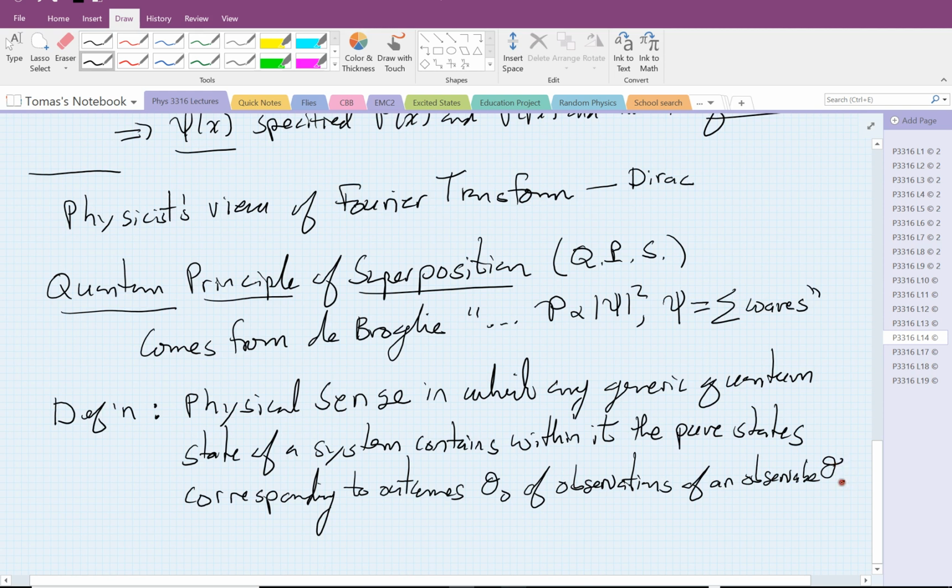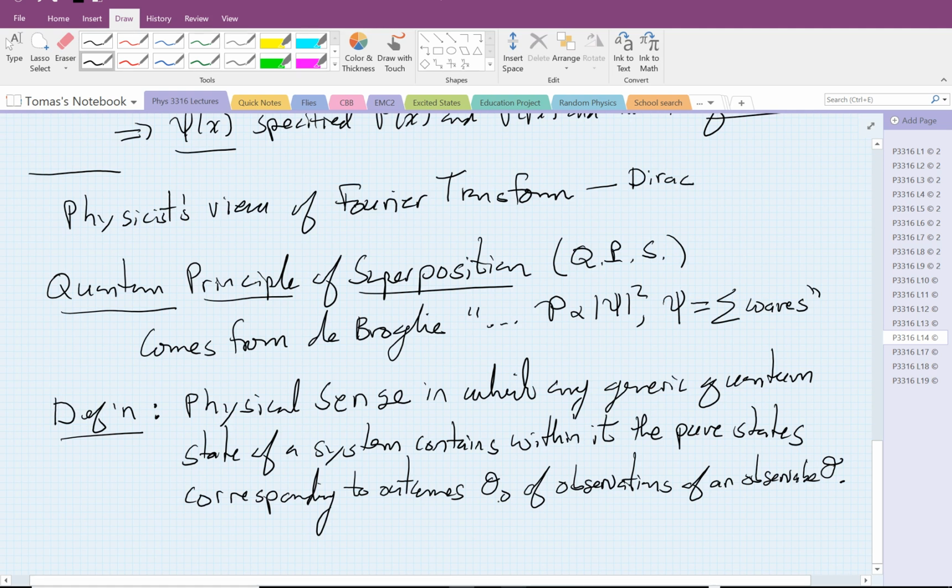So here's the idea. I have a system in some generic quantum state, and I observe one of my observables. As we know, the result of doing that is always a pure quantum state with respect to that observable, associated with the value you found when you made the observation.